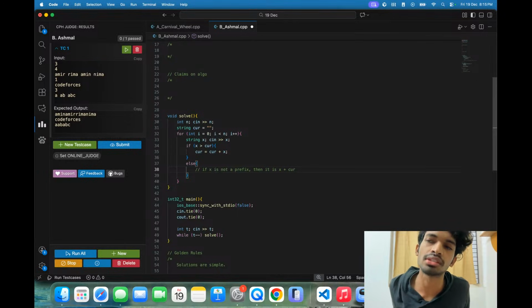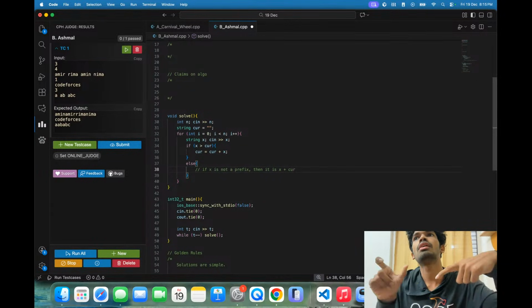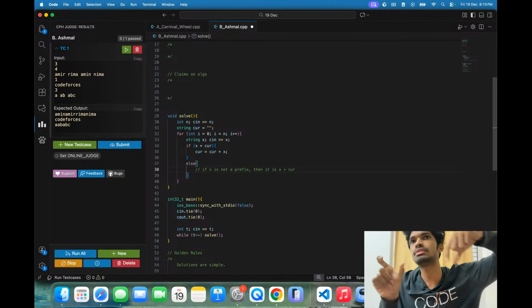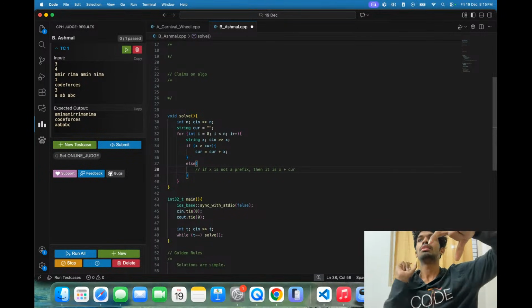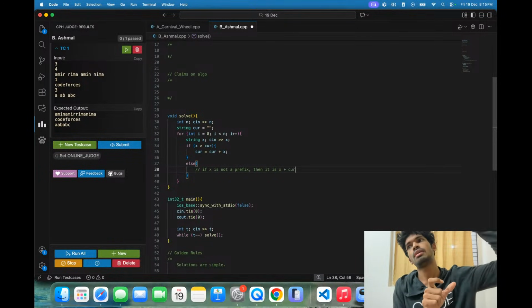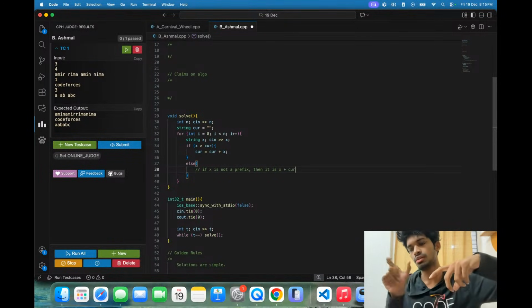Okay, if it is a prefix, now we have to think carefully. Look at it, prefix, some character, else prefix, prefix remaining.